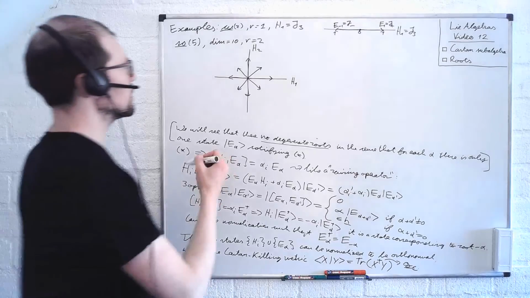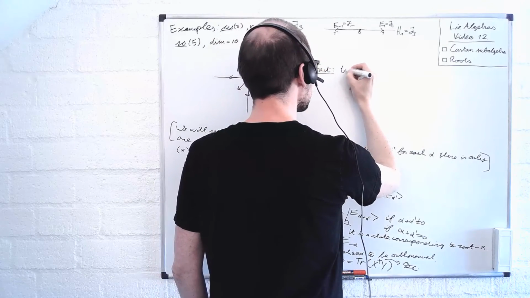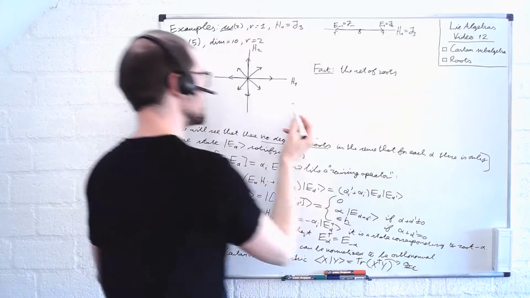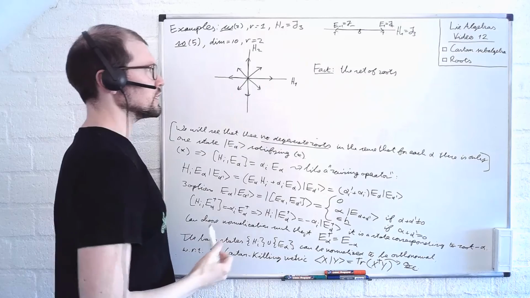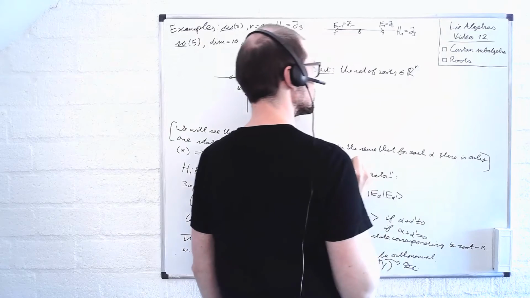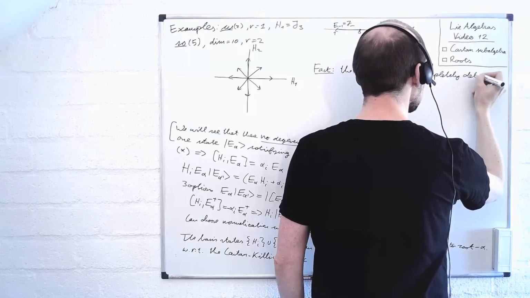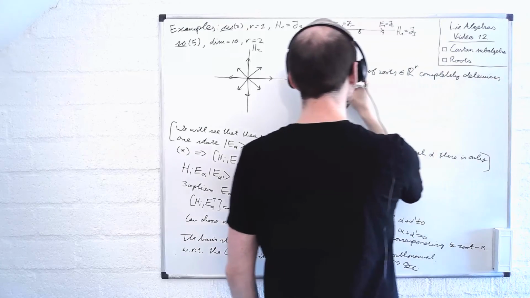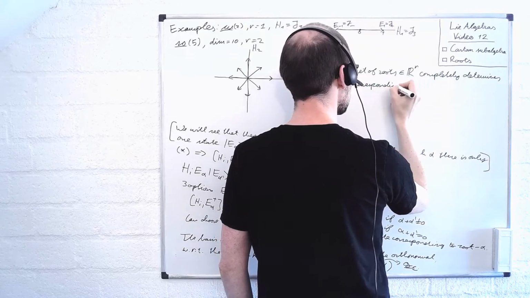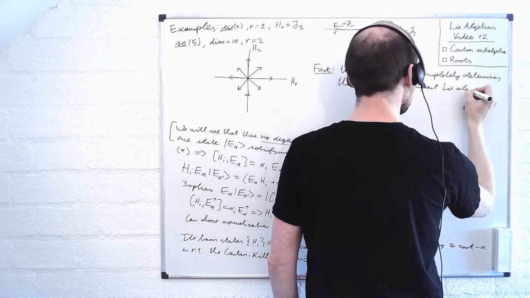And here's a nice fact that we're not going to prove. The set of roots, just these, in this case, 2-dimensional vectors, completely determines the corresponding compact Lie algebra.